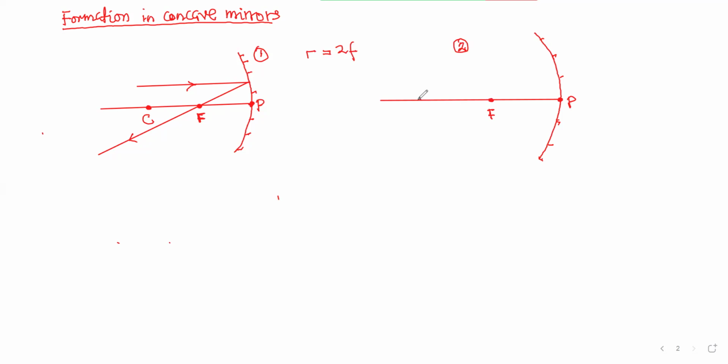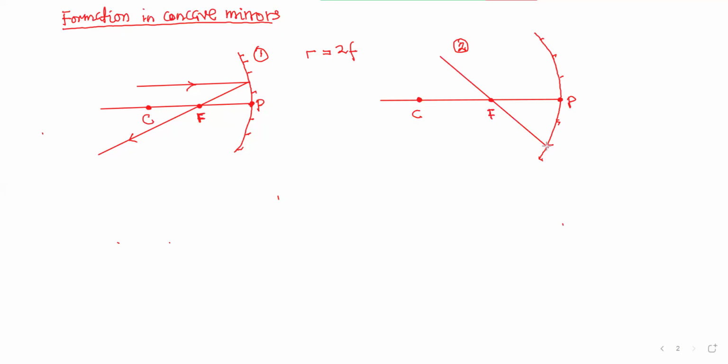Evelyn, are you there? The second rule says that a ray of light coming from F, or passing through F, after reflection must be parallel to the principal axis.